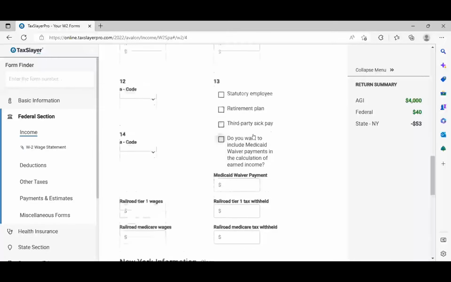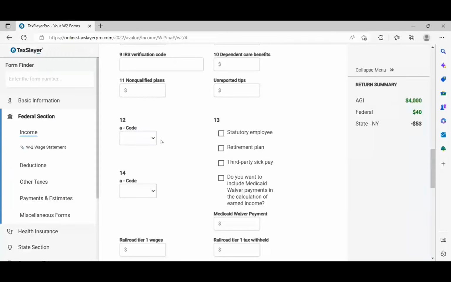Let's see, nothing else in box 14 or box 12. There could have been, right? For example, let's look at box 12. You might see these code letters, for example, DD, I believe, is the value of health insurance benefits that an employer gives somebody. Some of the other letters, I believe it's C and D, refer to contributions to retirement plans.